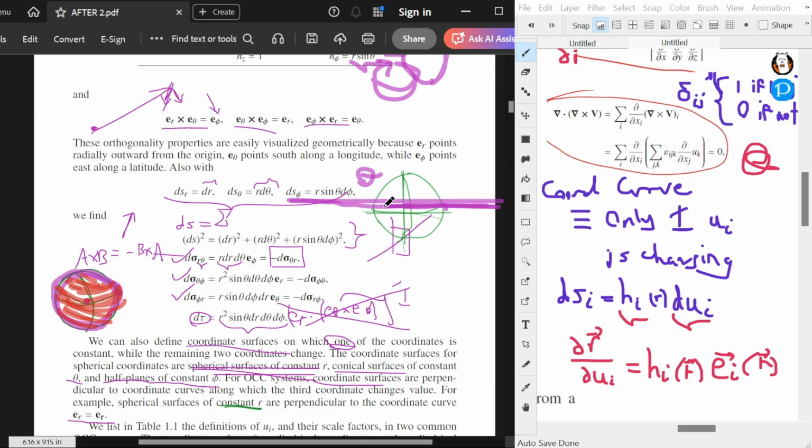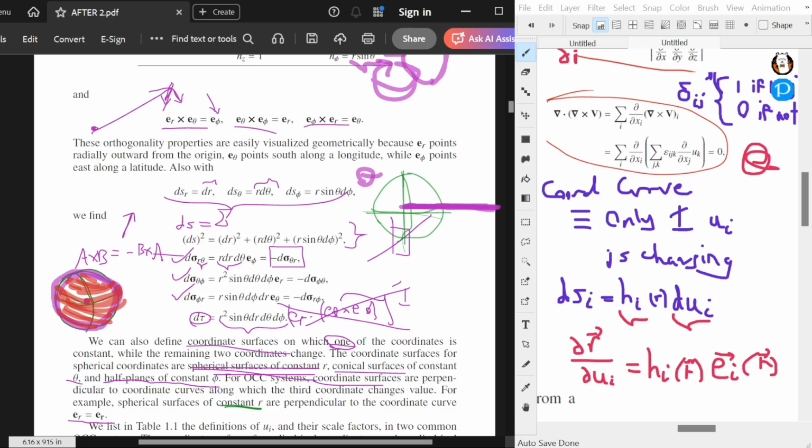We can increase the radius. We can decrease the... no, the radius can't be negative. So we can only go in one direction with the radius. So this is what we have so far, the limits of our radius.